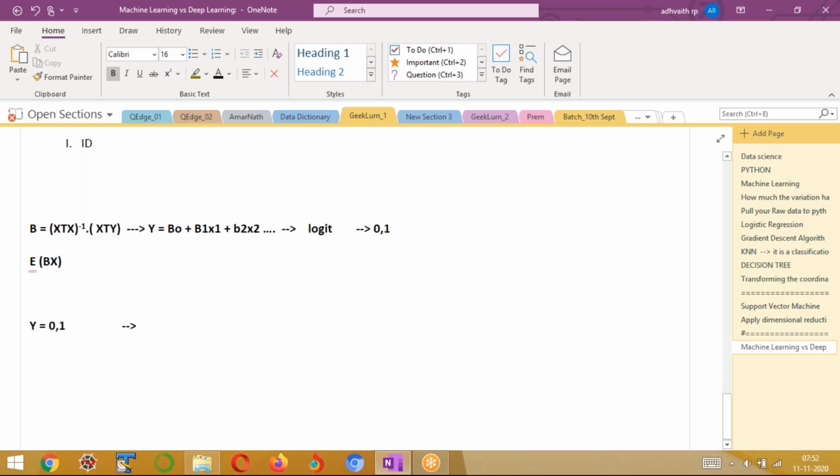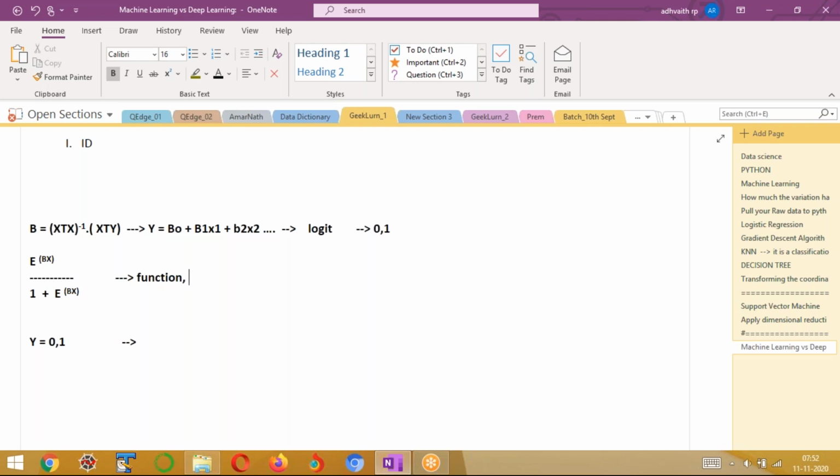Yesterday I think you were told. This is what we have done. This entire function is what is called logit. If I apply this logit there, it will be converted into 0 or 1. So what do you call this one? A function of logit. Whatever the function name is, logit, it will be called here as a function.